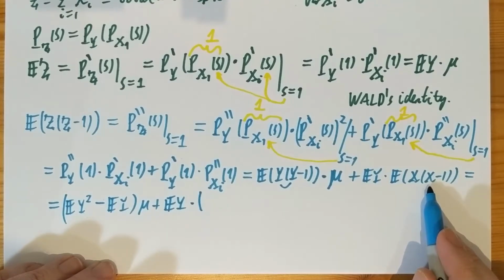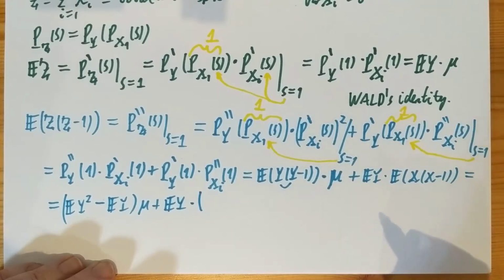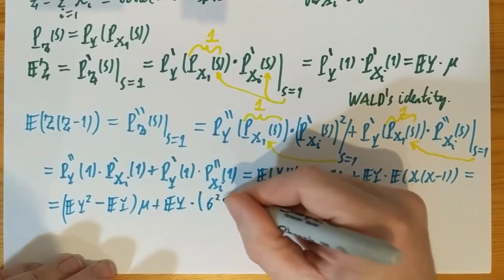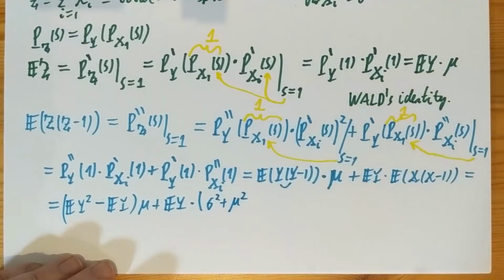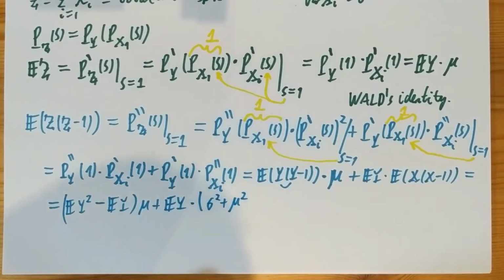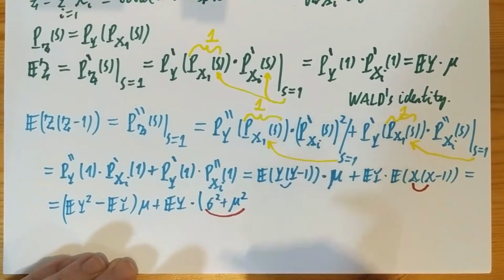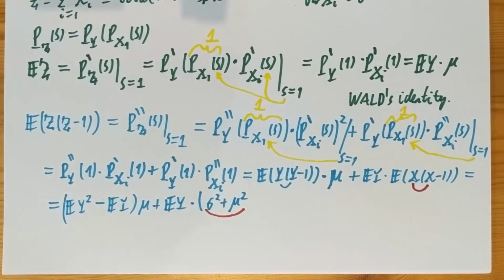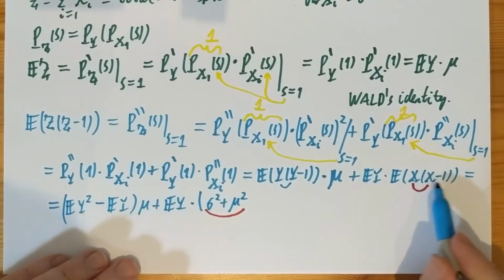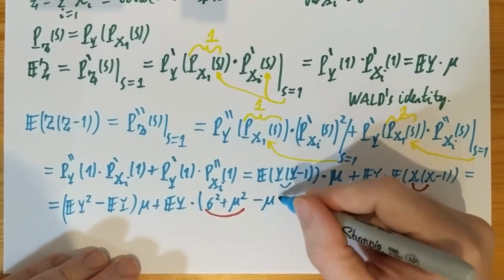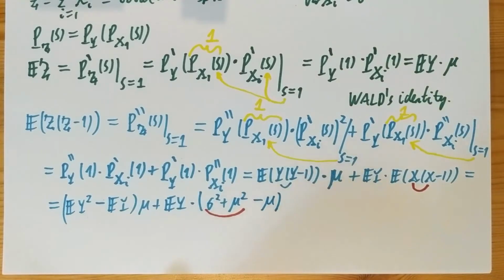That one I immediately write as variance plus square of the mean. Let me bring another color here. When I do E of X squared, that gives me these two terms. And I also have a minus E of X, which is a minus mu. So this is my formula for expectation of Z times Z minus 1.